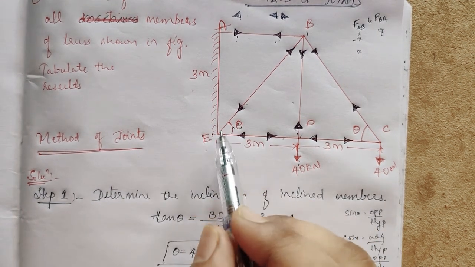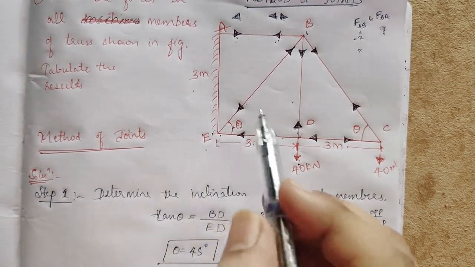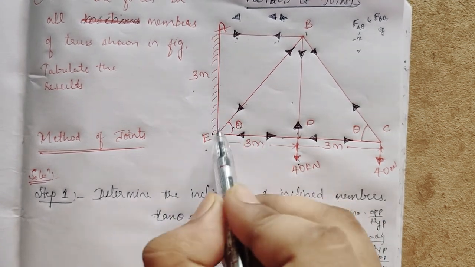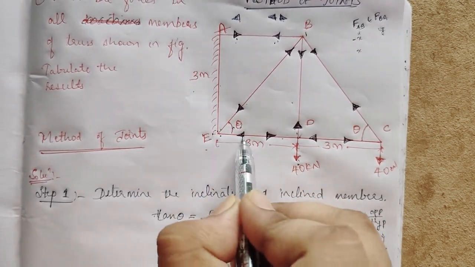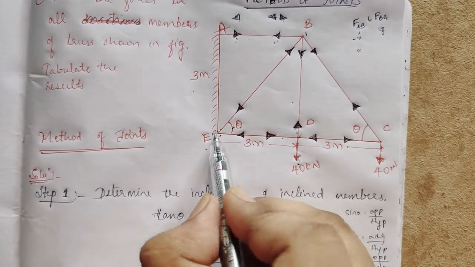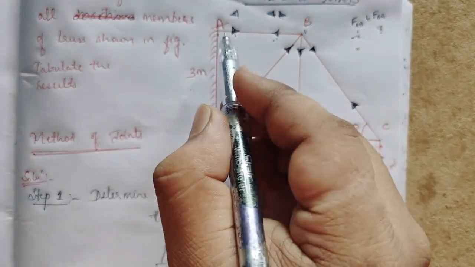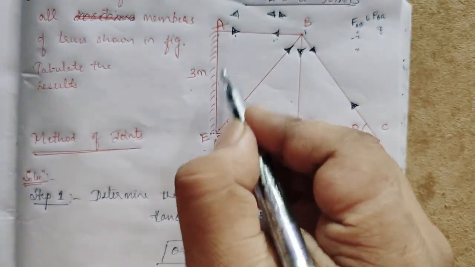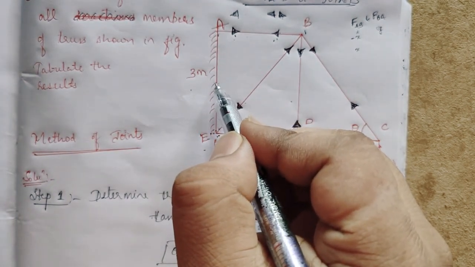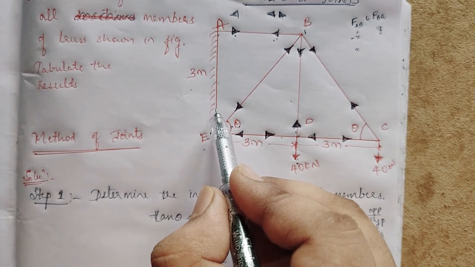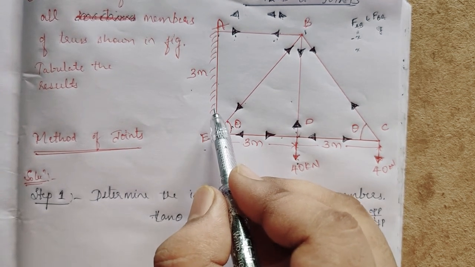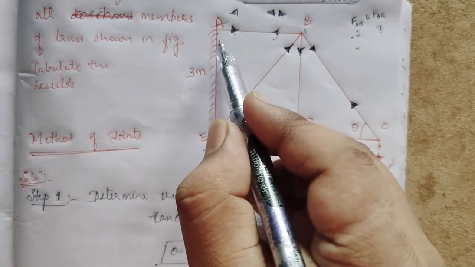Now find. So if we take a joint E, what are the forces? FEA, 1 2 3. There are 3 unknowns at a joint E. We can't take E. What about A? If we take A, this is fixed one, right? If this is a fixed beam, then there will be reactions here.